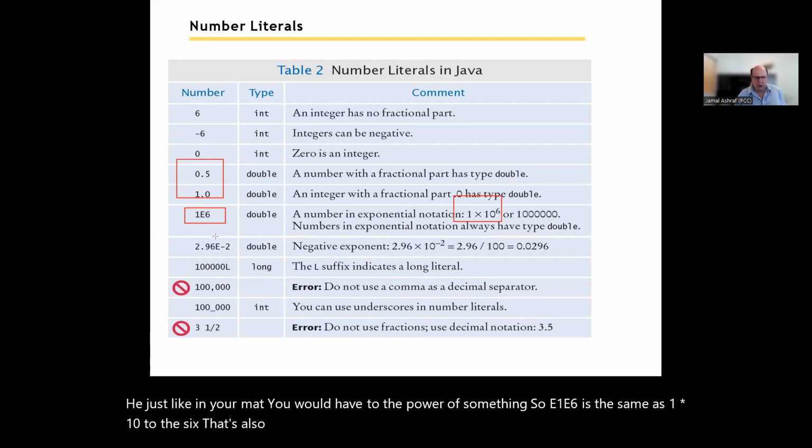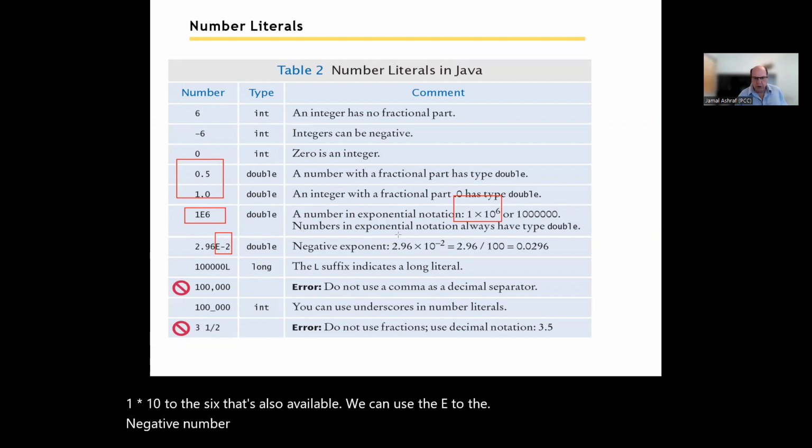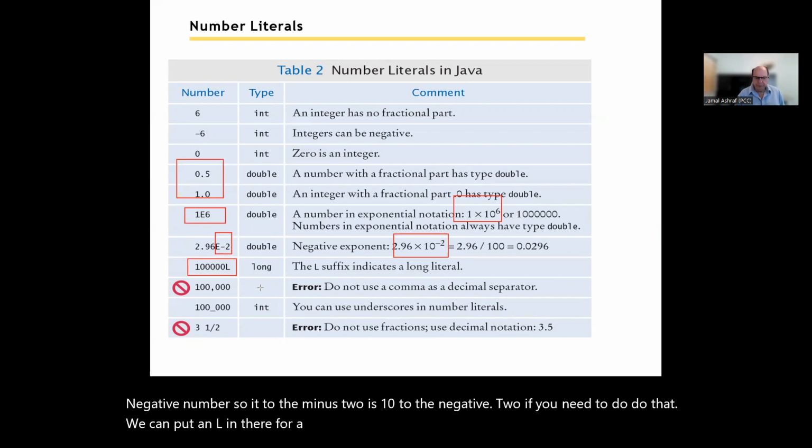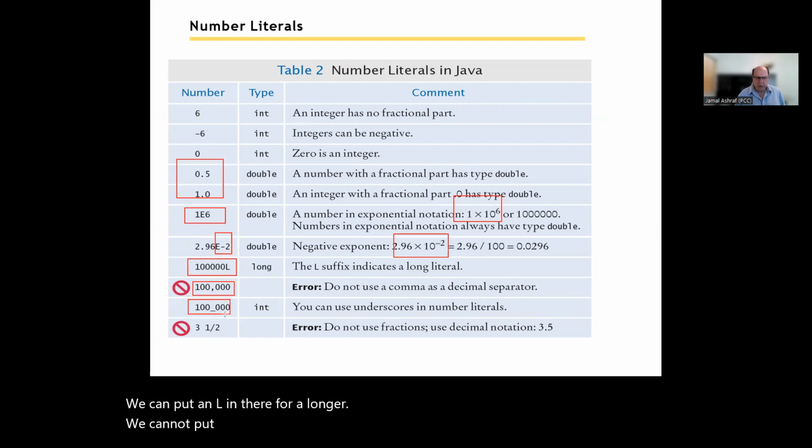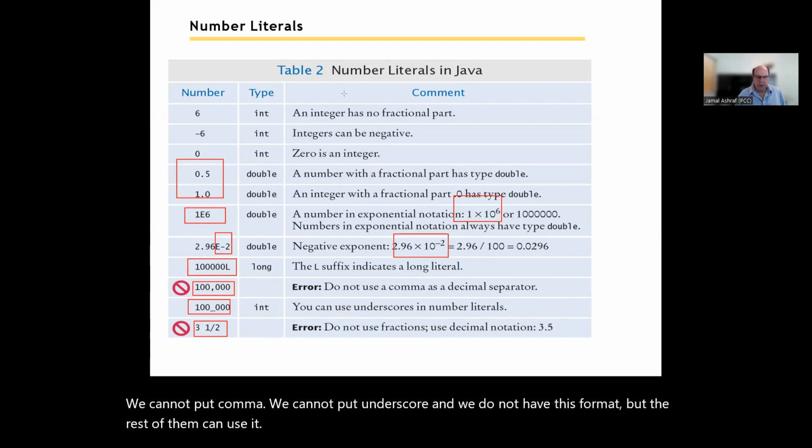We can use E with a negative number. So E to the -2 is 10 to the -2. If we need to do that, we can put an L in there for long. We cannot put a comma, we cannot put an underscore, and we do not have this format, but the rest of them can be used.